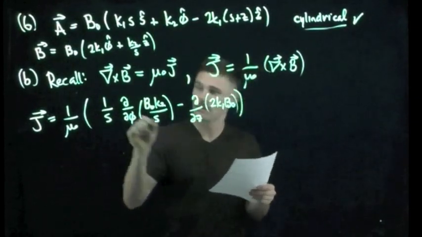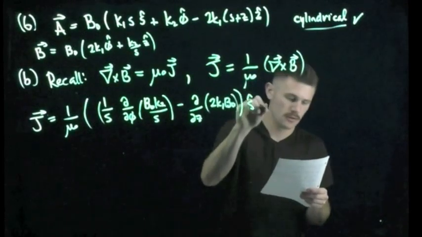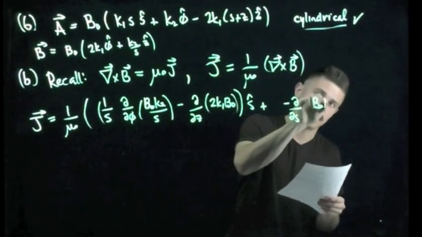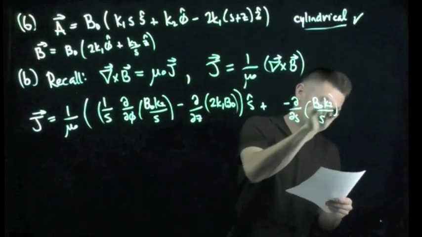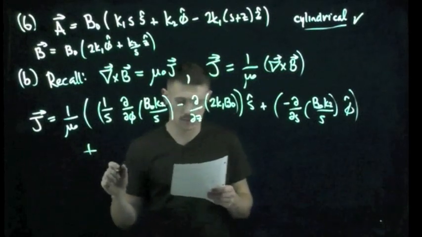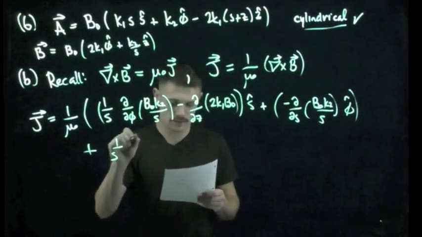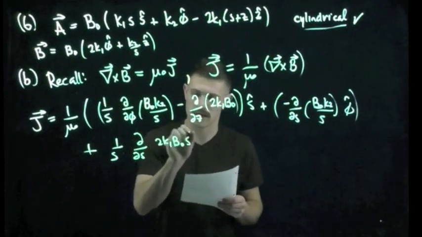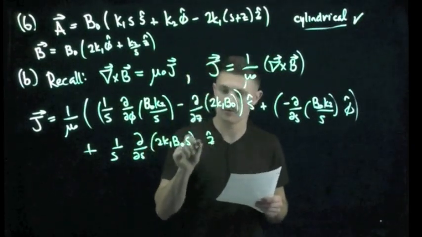This is in the S hat direction, plus negative d by ds of B naught K2 over S in the phi hat direction, and then plus the z hat term, which is just 1 over S d by ds of 2K1 B naught times S in the z hat direction.